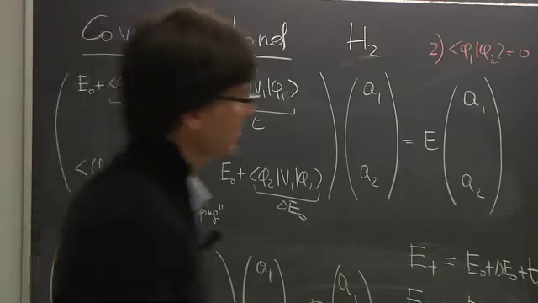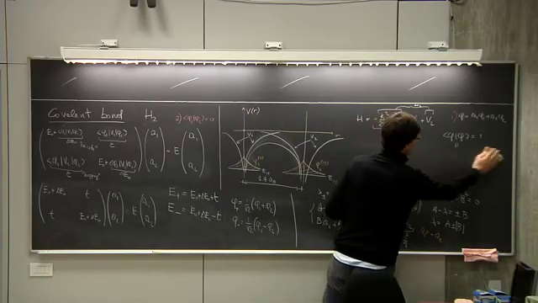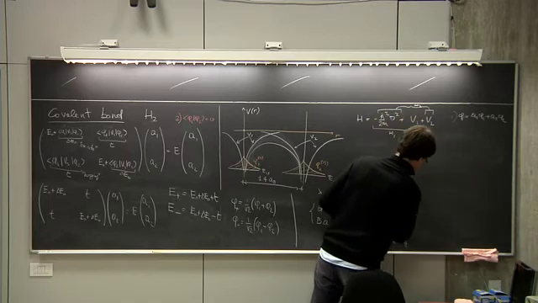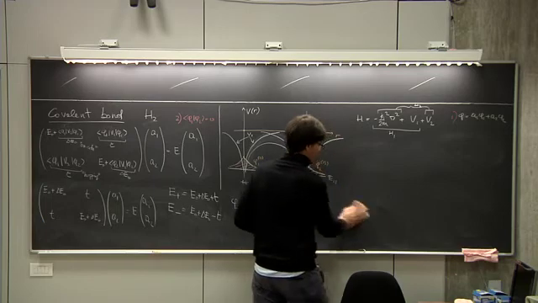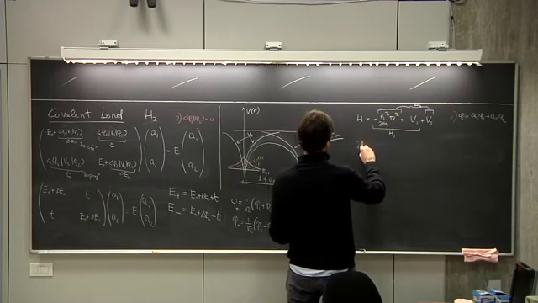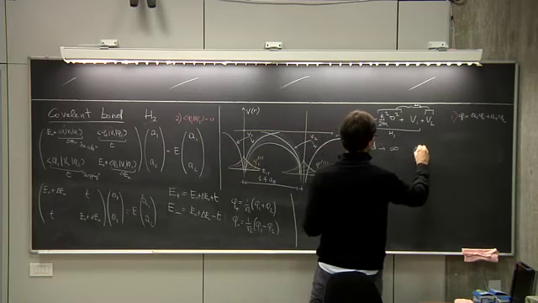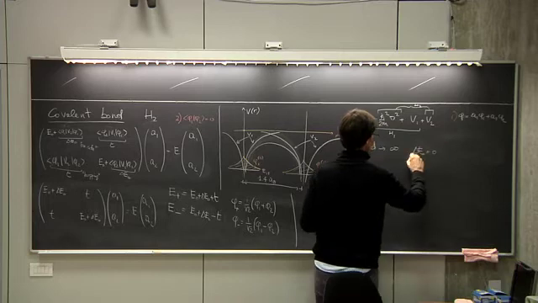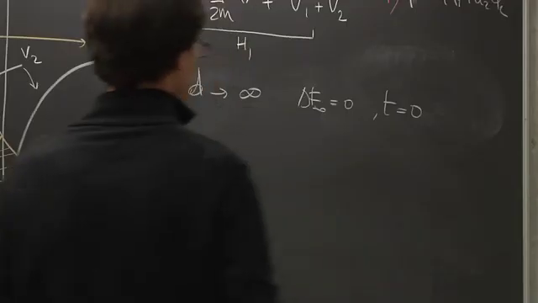So let me actually write this here. If d, say d, the distance between the atoms, goes to infinity, then delta E naught goes to 0, and also T goes to 0.